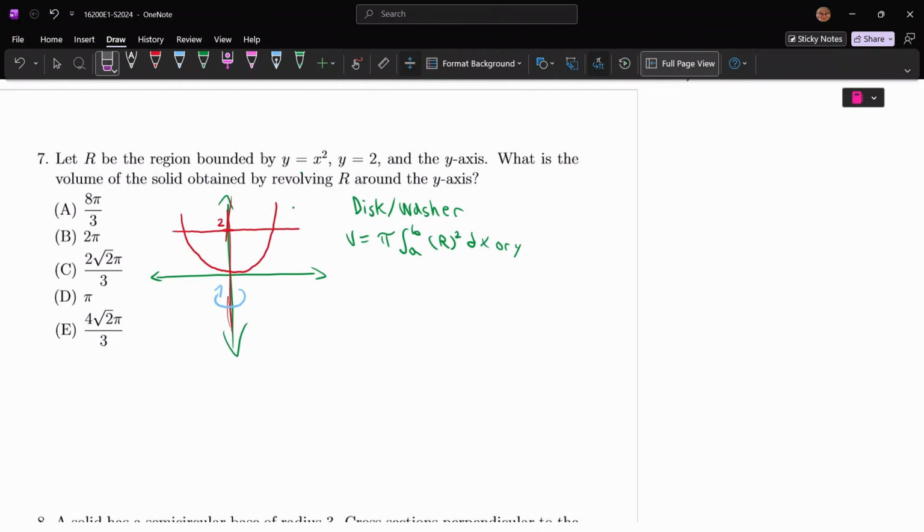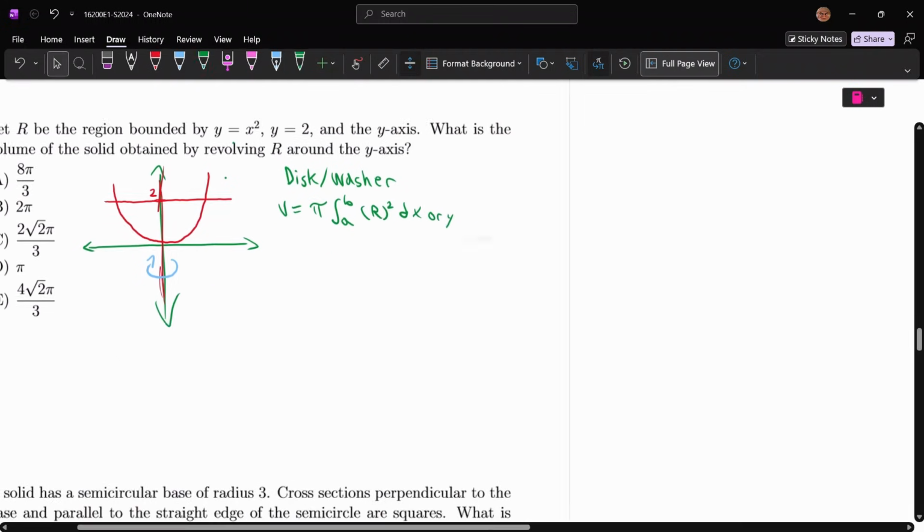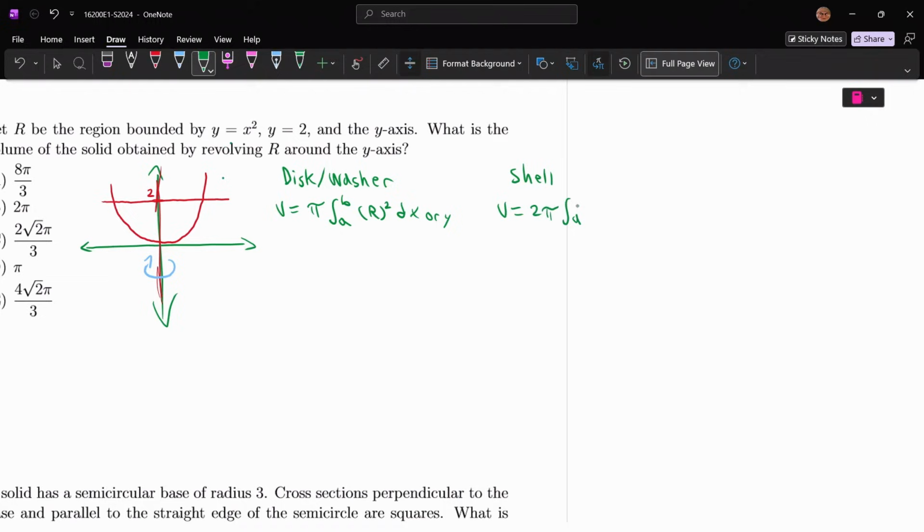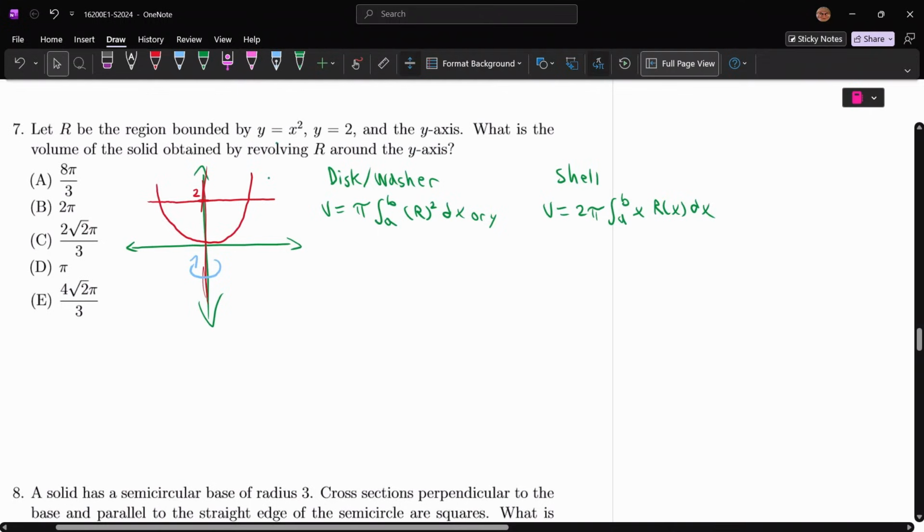And then the shell method tells us that the volume is going to be equal to 2 pi times the integral from a to b of, let's just say, x times r of x with respect to x.